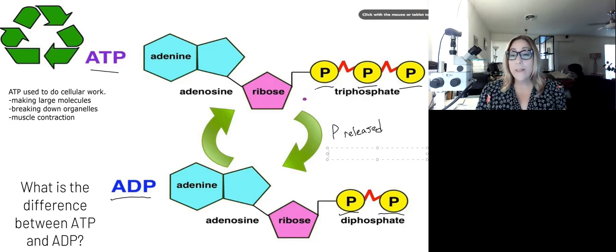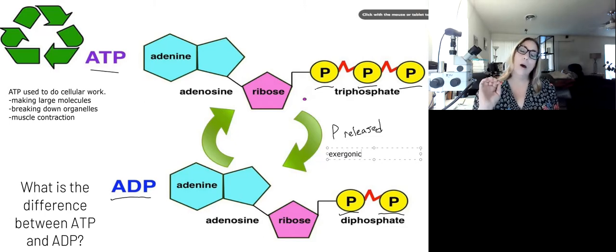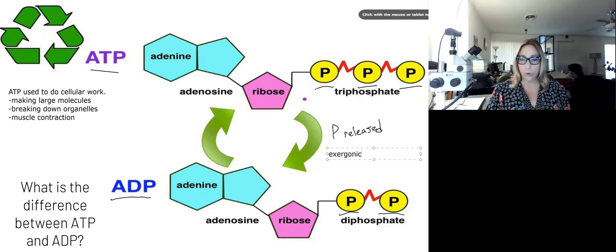So you should realize that this is an exergonic reaction because a bond is being broken and a phosphate is being released. So I'm going to write energy released.